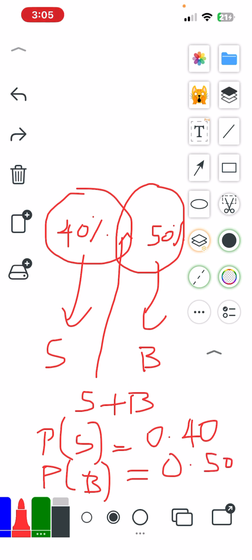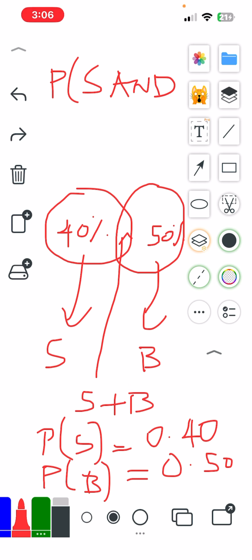Now that we've got these two over here, we want to figure out the probability of students who end up playing both the sports. So over here we're going to say P(S ∩ B), where the intersection symbol stands for both the sports.